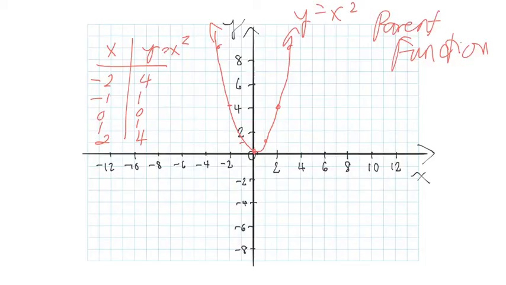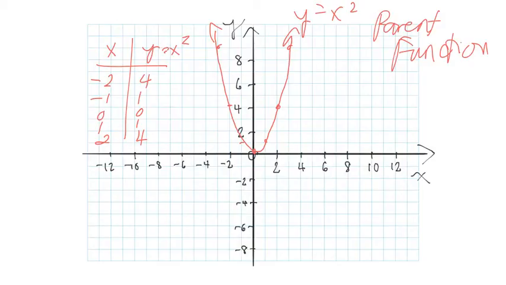And so what we often talk about in terms of going from this parent function to other kinds of functions is we use the language of transformations. And so what I'm going to do is I'm going to talk about 4 different kinds of transformations that can be done on this parent function, and then I'll generalize these transformations in sort of a general form using variables.